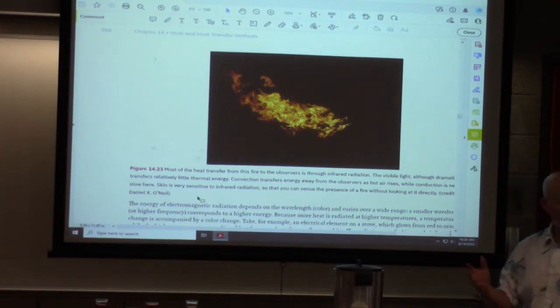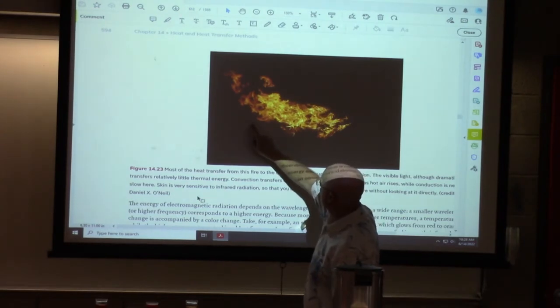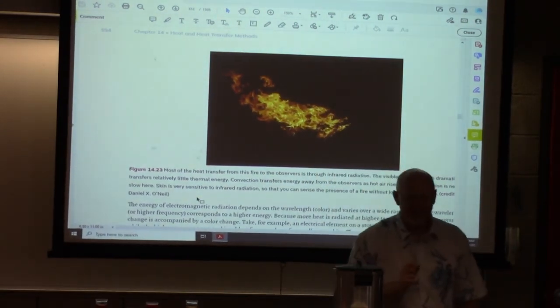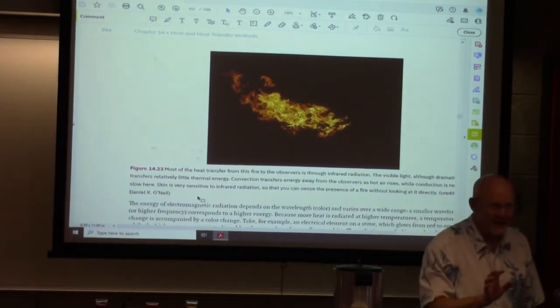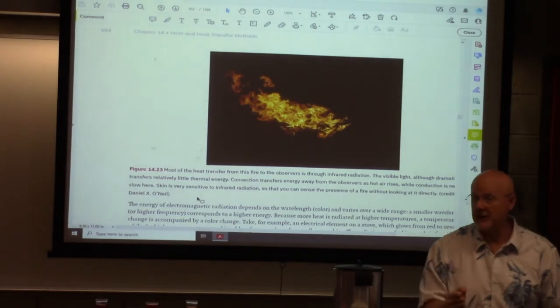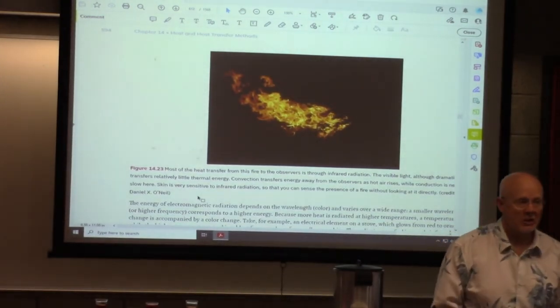And so we would say, oh yeah, the fire gives off light. But I would ask, right next to it, this part which looks black to your eyes, does that have temperature? Does that give off radiation? Yeah, and we're going to call it thermal radiation. We're going to call it infrared radiation.